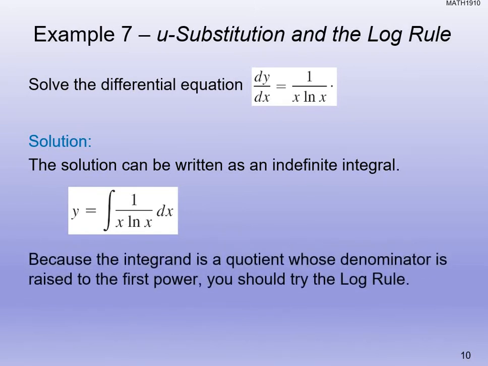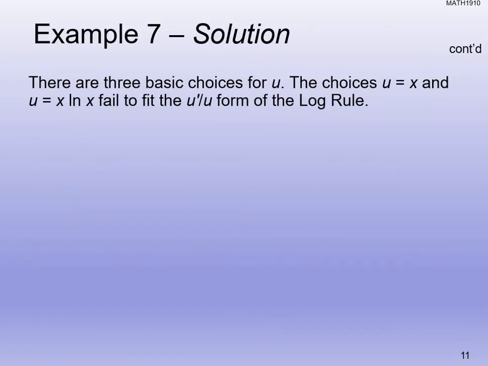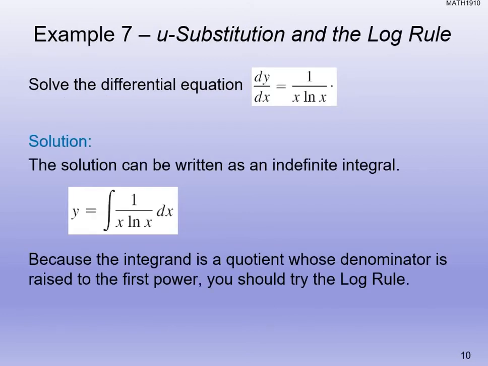Now, since we have a quotient, with everything in the denominator, first let's take a look at the log rule. Usually that's where we want to go when we have some sort of division. You could choose a couple different ways for u. We could make u equal x, or we could make u the natural log of x, but our goal is to make sure that we fit the form of du over u.